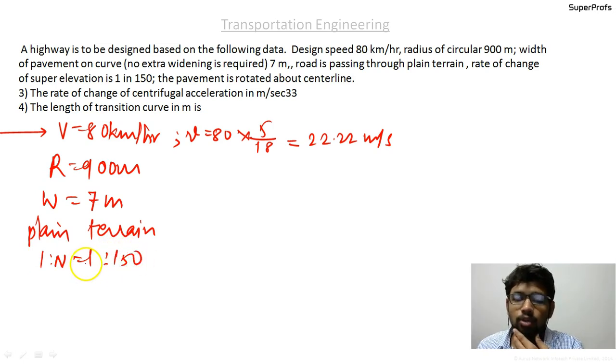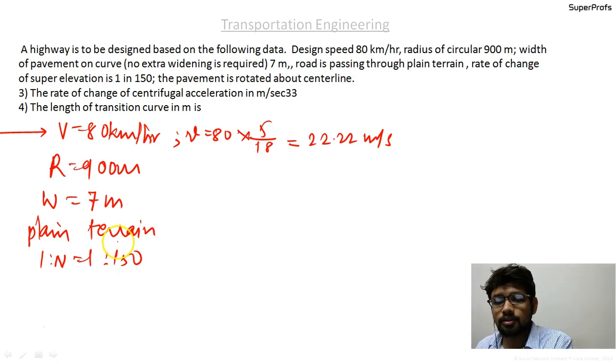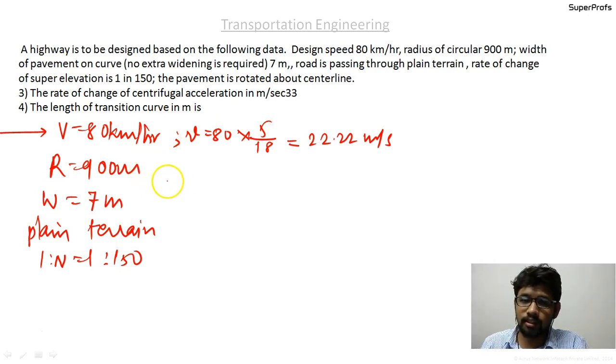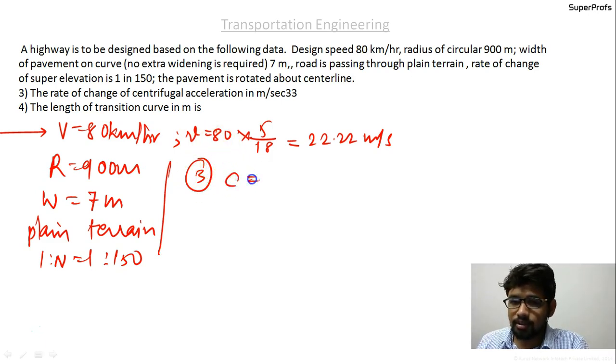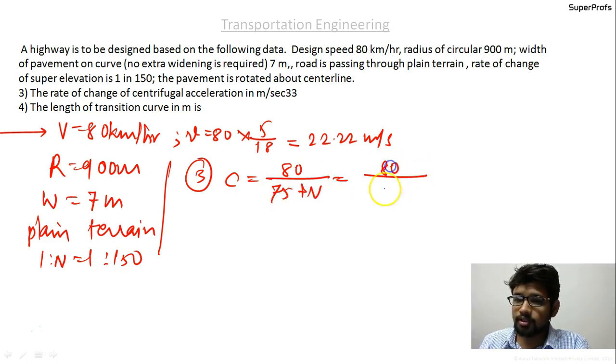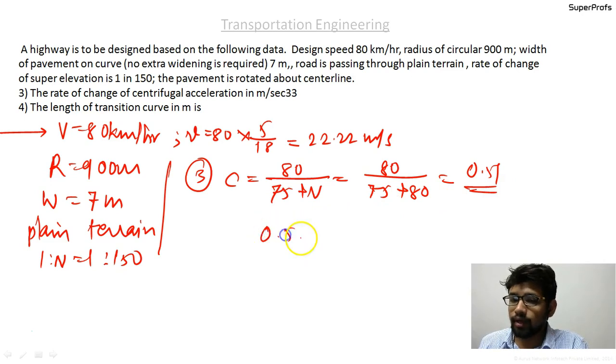The pavement is rotated about the center line. The rate of change of centrifugal acceleration in meter per second cube is asked. So the rate of change of acceleration will be C equal to 80 divided by 75 plus V, which stands for 80 divided by 75 plus 80, which is equal to 0.51, and which is between 0.5 and 0.8.